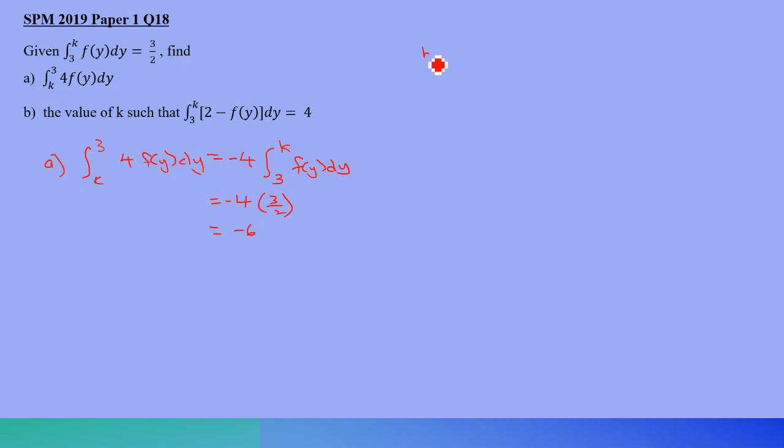Okay, part B. You are given from 3 to k, the same order, 2 minus f(y) dy equals 4. So what we do is, the 2 is something extra, so we break it up. You can break it up into 2 separate functions, minus the integral from 3 to k of f(y) dy equals 4.